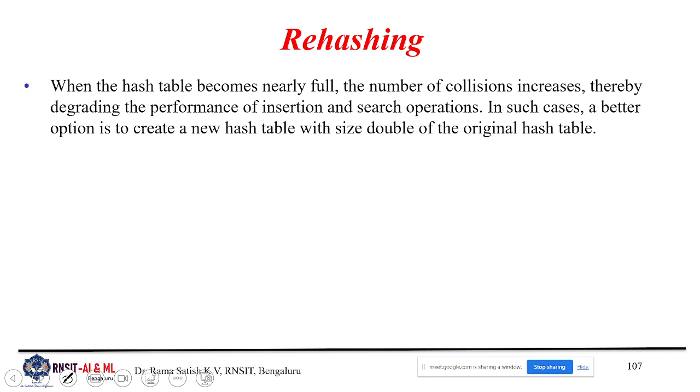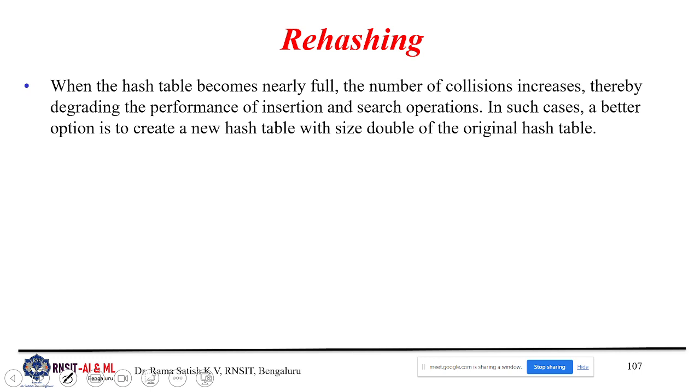When the hash table becomes nearly full, the number of collisions almost increases, thereby degrading the performance of insertion and searching operations. In such cases, a better option is to create a new hash table with double the size of the original hash table.